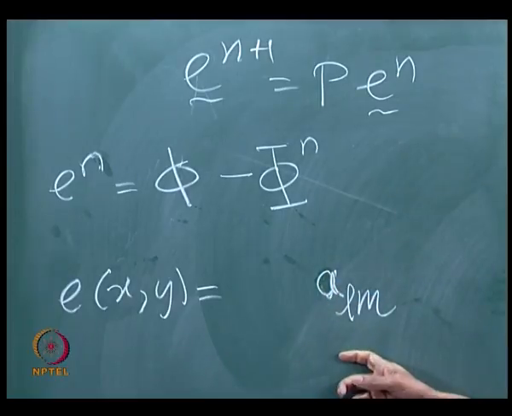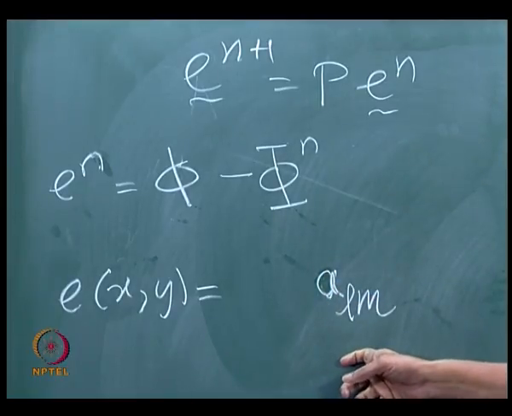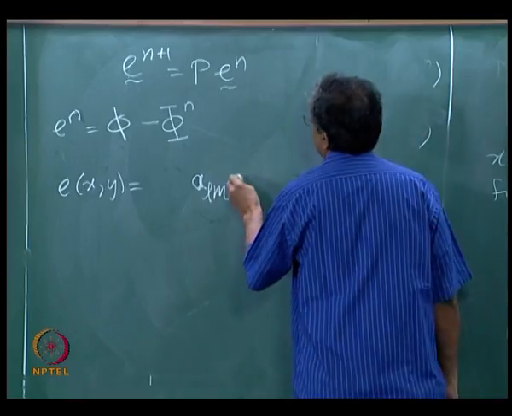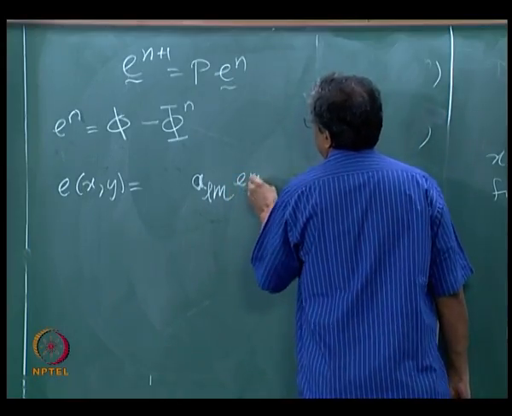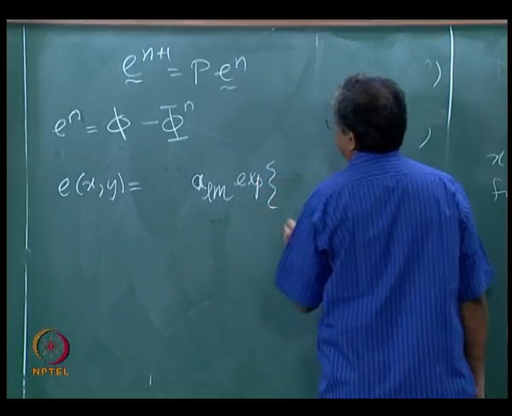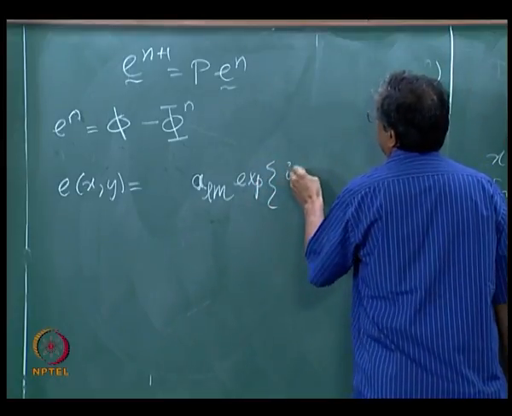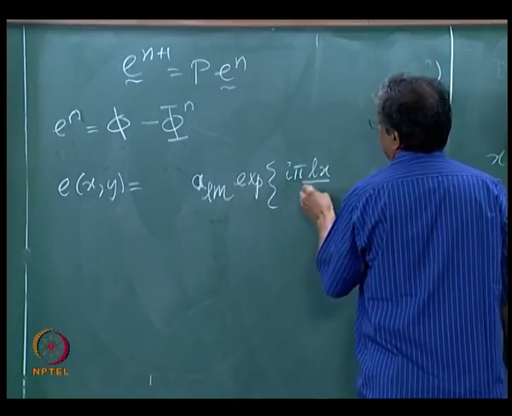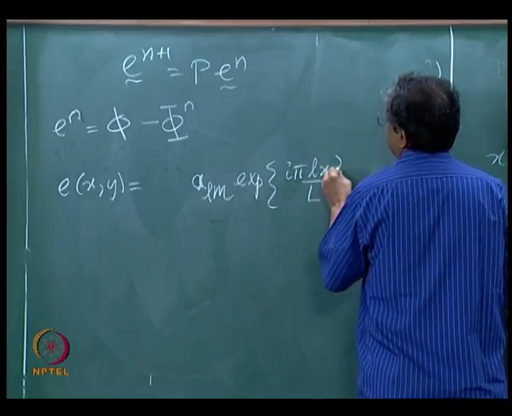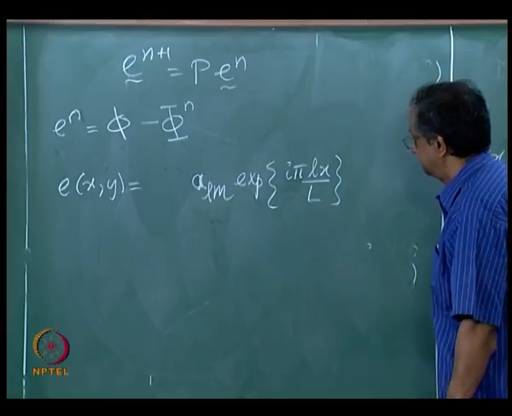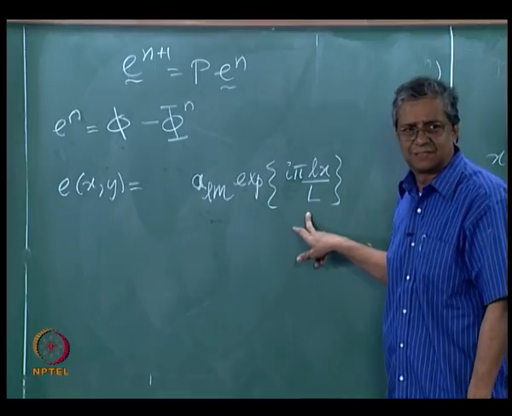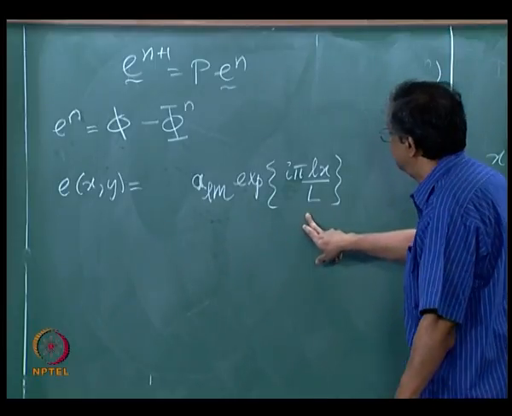You know that these are Fourier coefficients and not the entries of the matrix A_ij. Do not confuse them with the entries of the matrix A. A_lm exponent i pi l x by capital L. L is the length of the domain. In our case, it is 1, but I will just leave it as capital L.